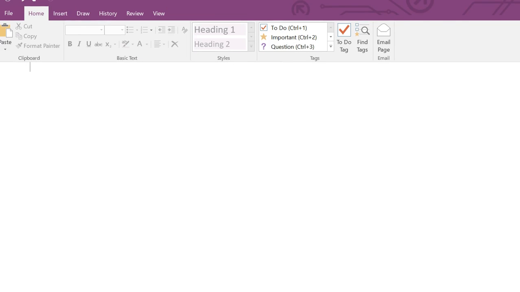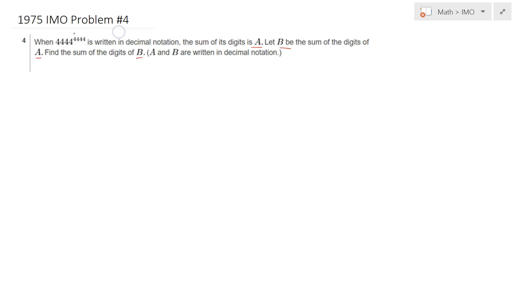But for the time being, let me call the original number X. So let X be equal to 4444 raised to the power 4444. And we would like to consider the sum of digits of that number. So the sum of digits of X would simply be A, right?